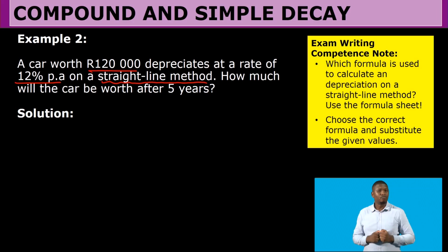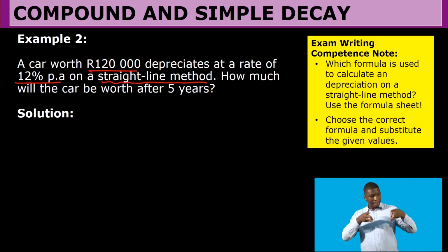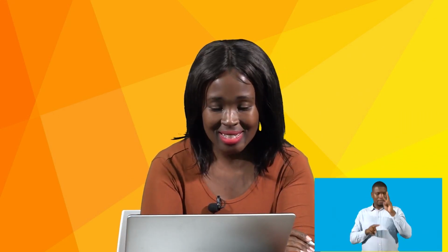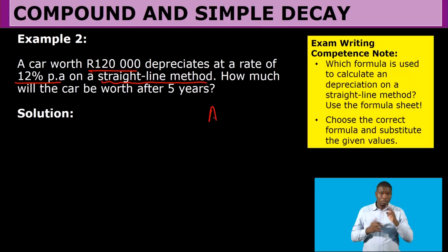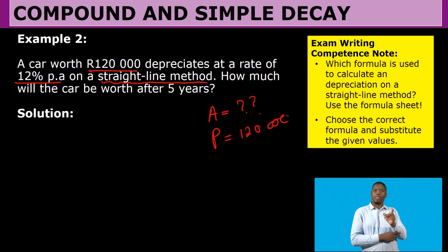Now, by now you should know that the straight line method refers to that simple interest, but we are going to be working with the simple decay because our value is going down. So we know that that's what we're going to work with. But now, looking at the values that we have, we do not know how much the car will be worth after those 5 years, but we do know what the car is worth now, and that is 120,000.